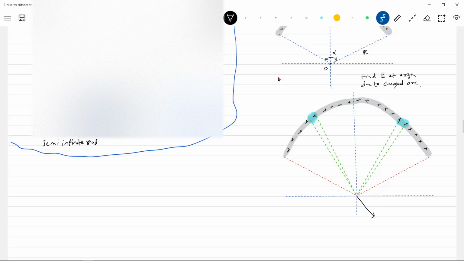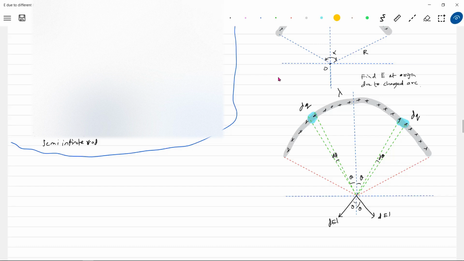So this will be dE dash, dE dash, this is dQ, this is dQ. This angle, let it be theta, d theta. This angle will be theta, theta.